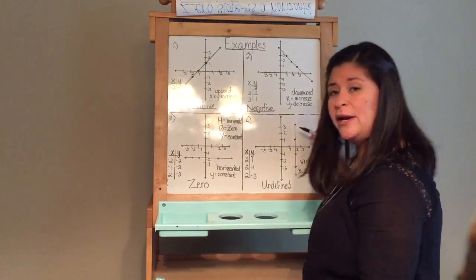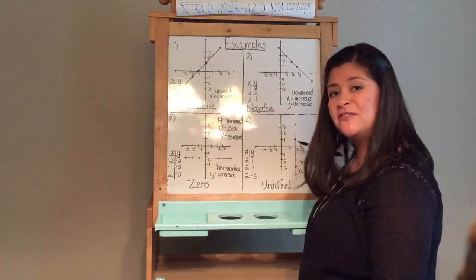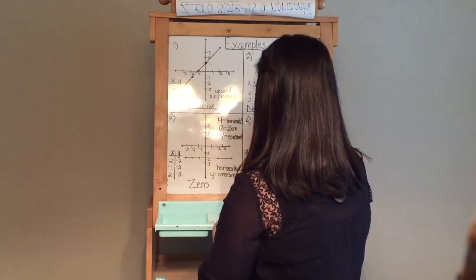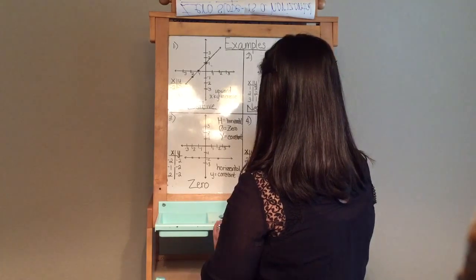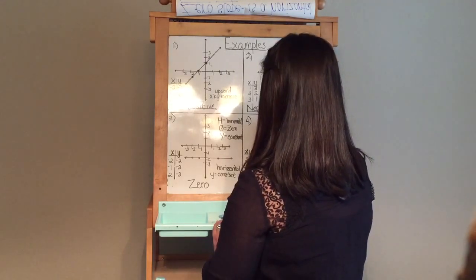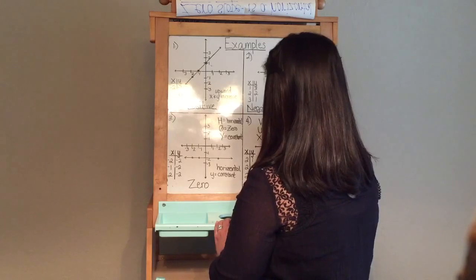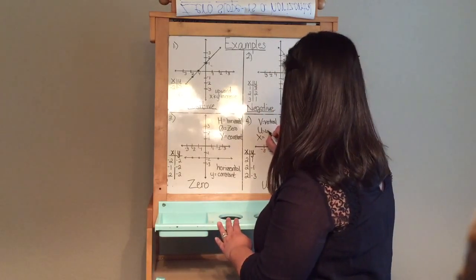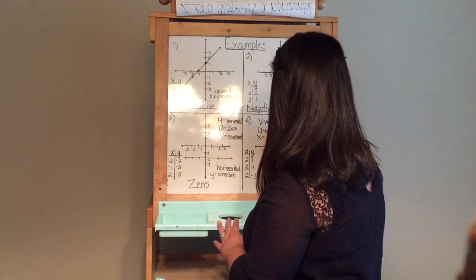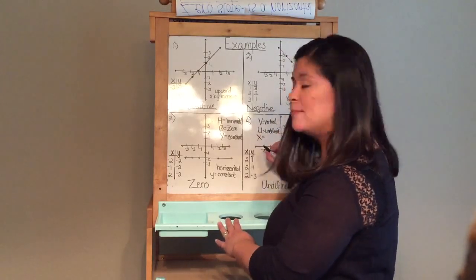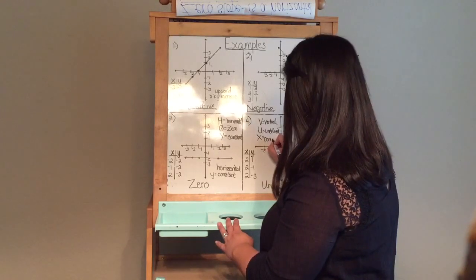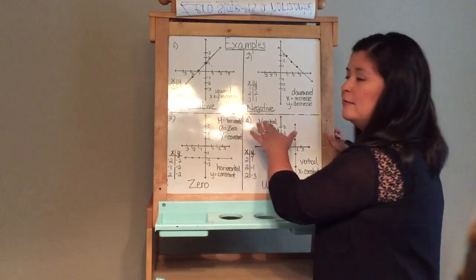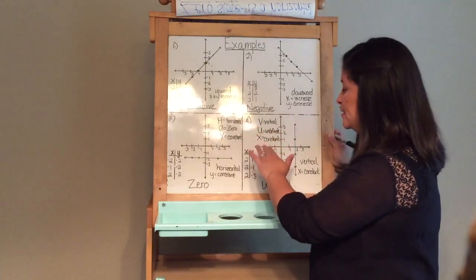A great way to remember the undefined slope is with these 3 letters, V, U, and X. V is for vertical, U is for undefined, and the X remains constant. So we have V for vertical, U undefined, the X is constant.